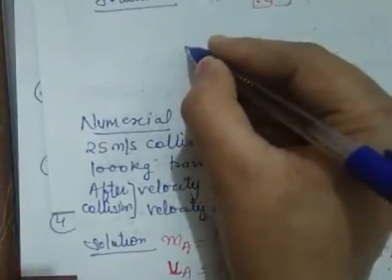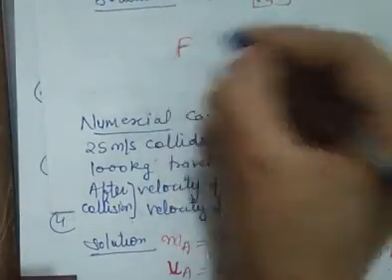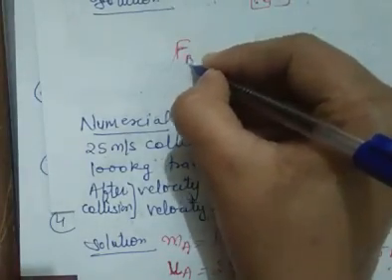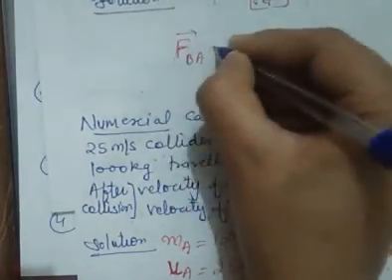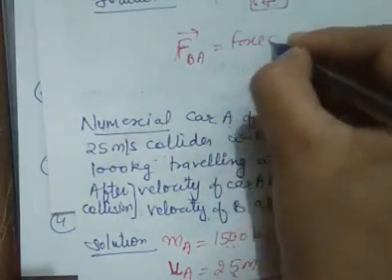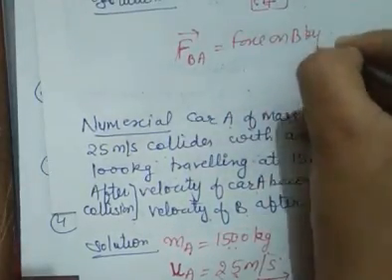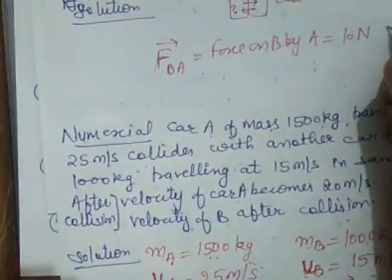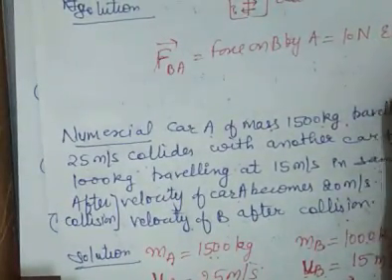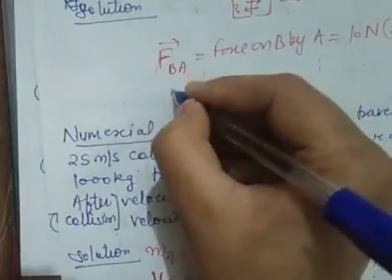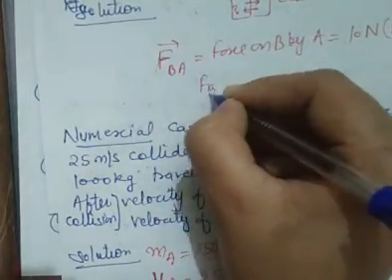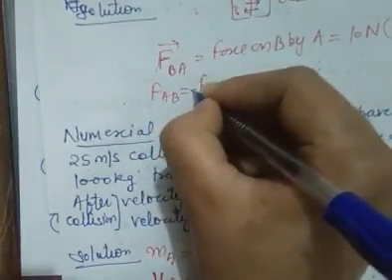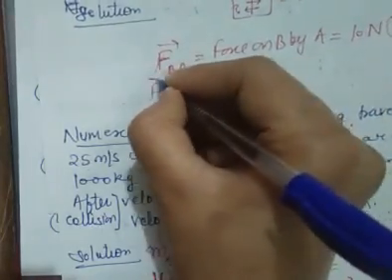As per given statement, force on B by A is equal to 10 Newton, and that is towards east. And from Newton's third law of motion, FAB is equal and opposite to FBA.